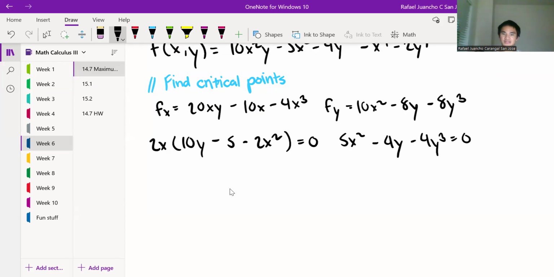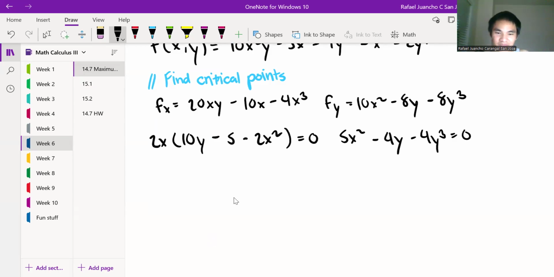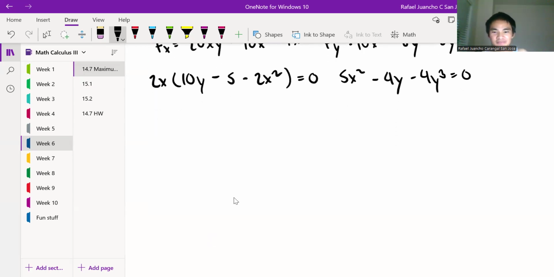Once we get this, we have to do our best to not eliminate any of the values here. Here we can see that x is 0, but we're also seeing that this is equal to 0. To solve for that, when x is 0, we use equation 5. The other one, y is 0. So that's another thing.